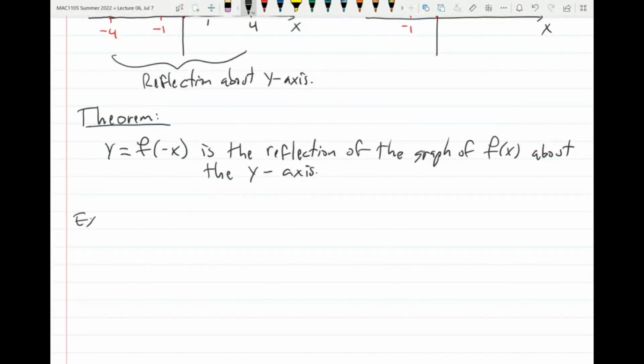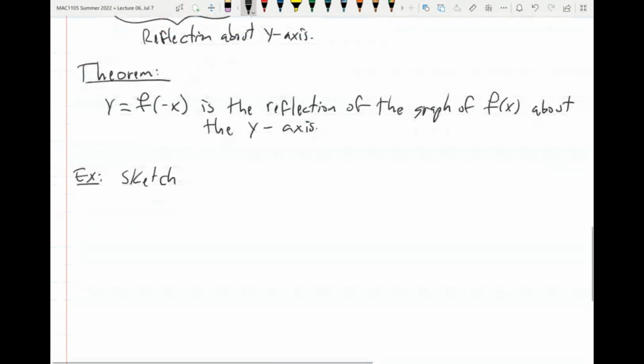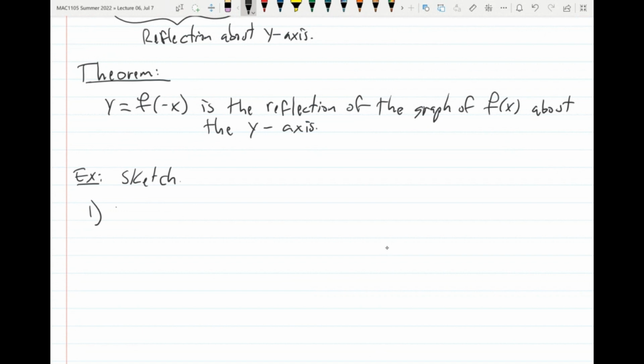All right. So, as an example, let us sketch, and then let's see. This time, let's do something that's slightly more complicated. Let's do this, and then I'll let you try this one.